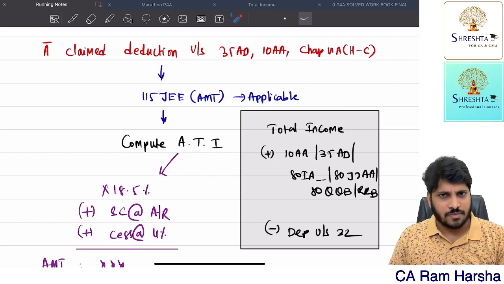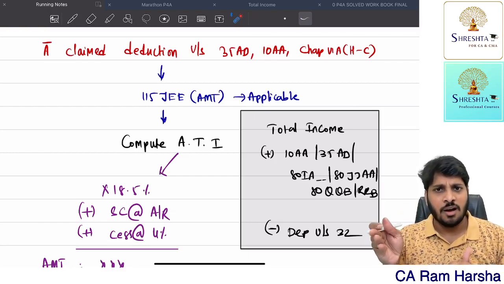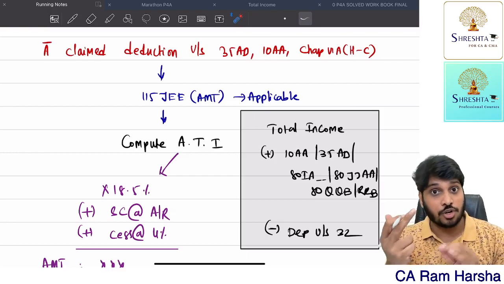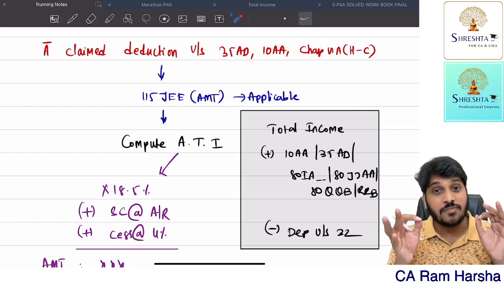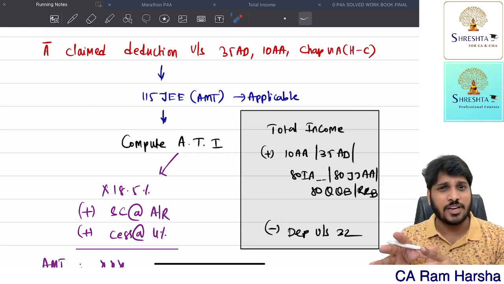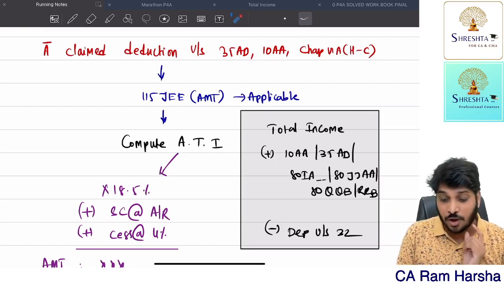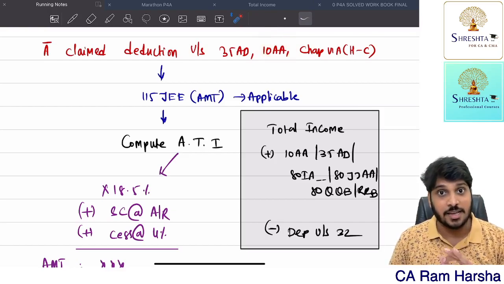From the 6th year to the 10th year, 50% of the export profit is deductible.